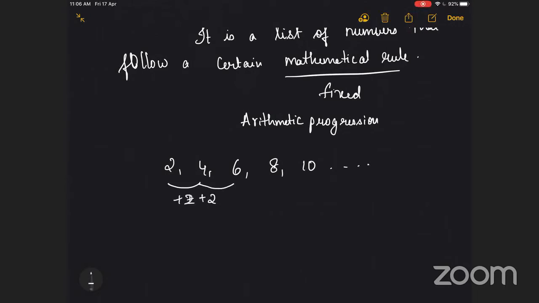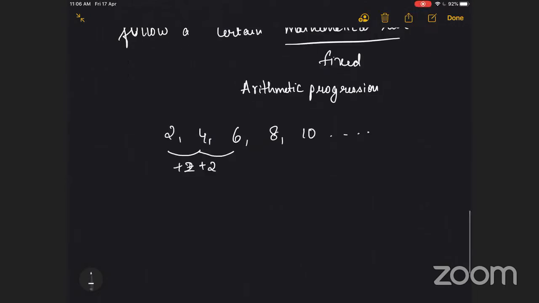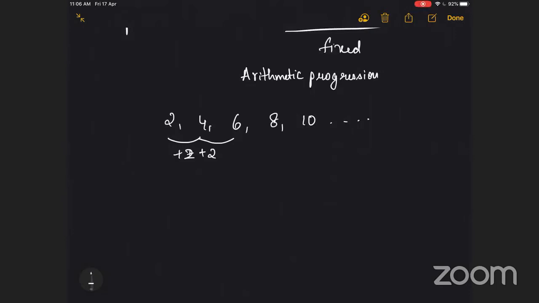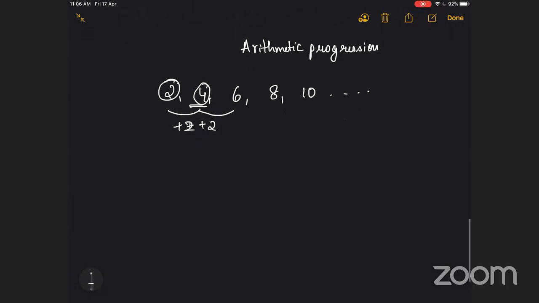If we take 4, the preceding number is 2. So to obtain 4, we are adding plus 2 to the first number. A fixed value will be added throughout the sequence or the progression.